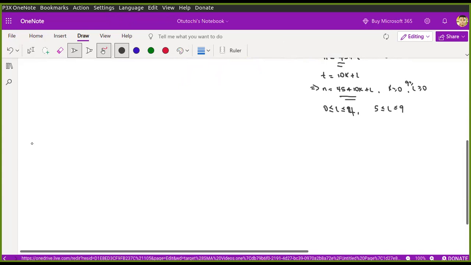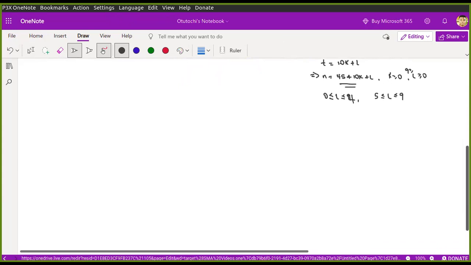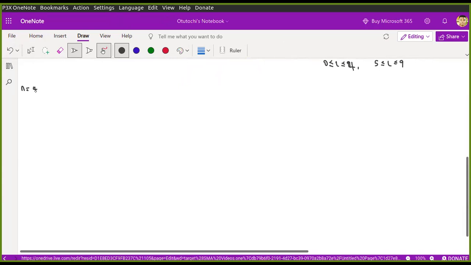Of course, we have n equal to 45 plus 10k plus L, and then 0 less than or equal to L less than or equal to 4.